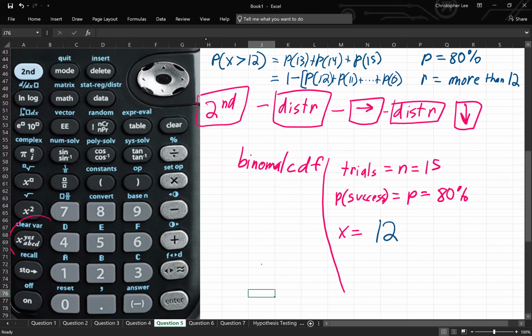This is Y right here. You're going to keep hitting that button until Y appears on the page. Then after you see Y, press enter, and then give me that answer.